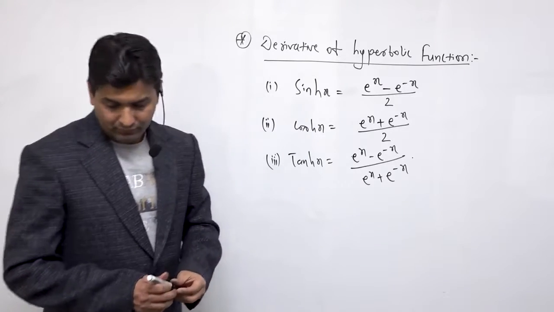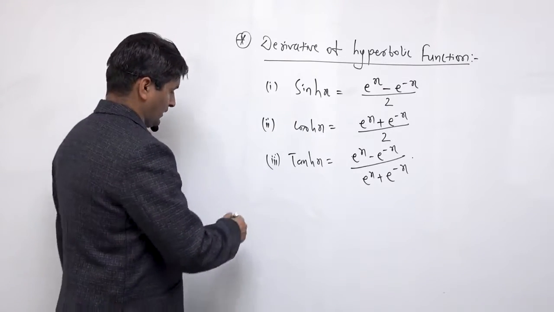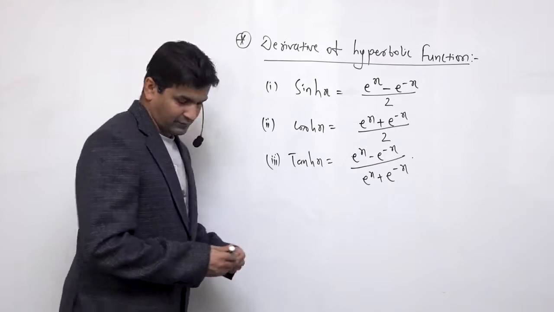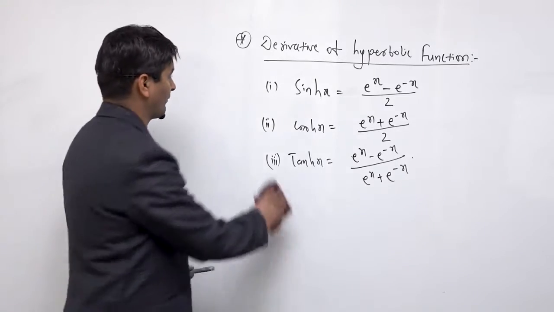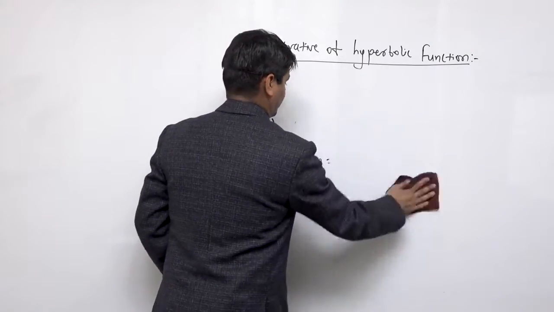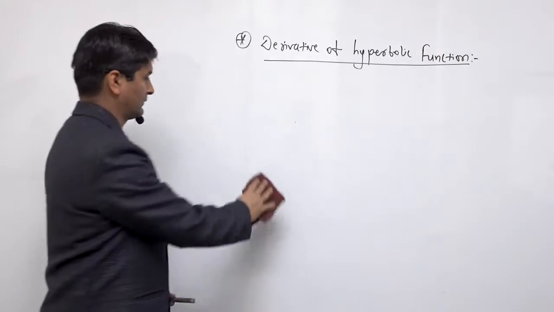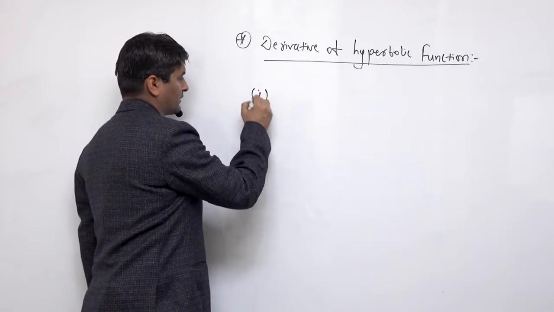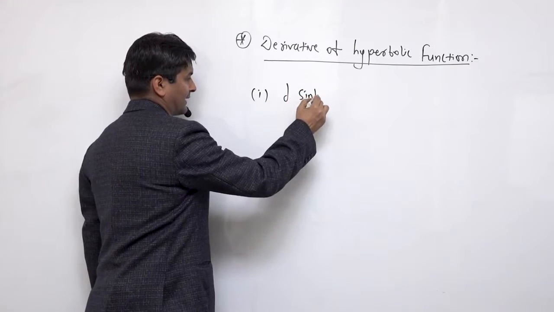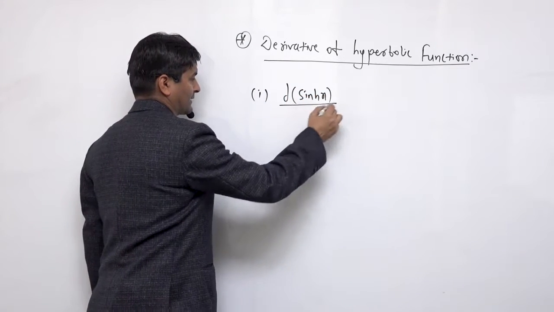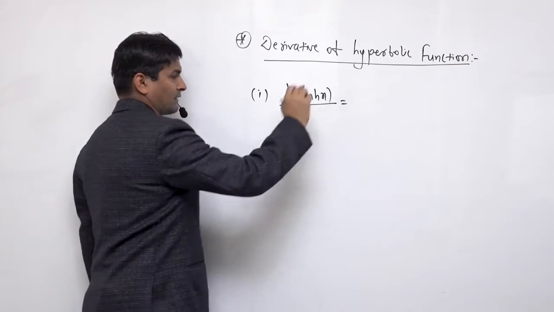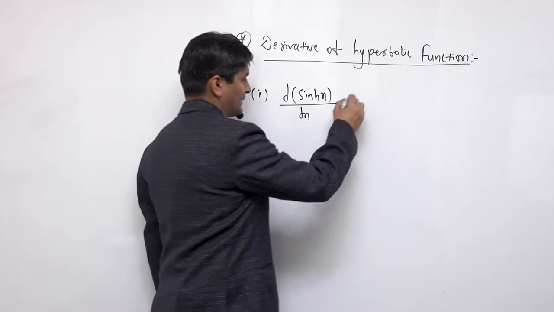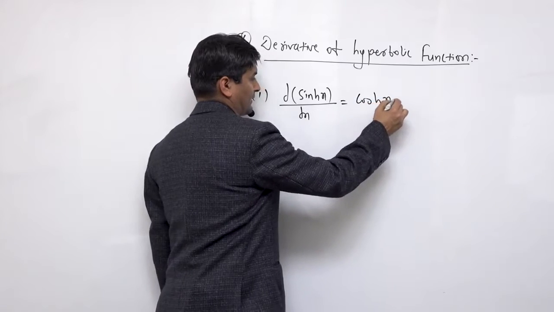Now, we move in derivative of hyperbolic function. First, derivative of sin hx with respect to x. Derivative of sin hx is cos hx.